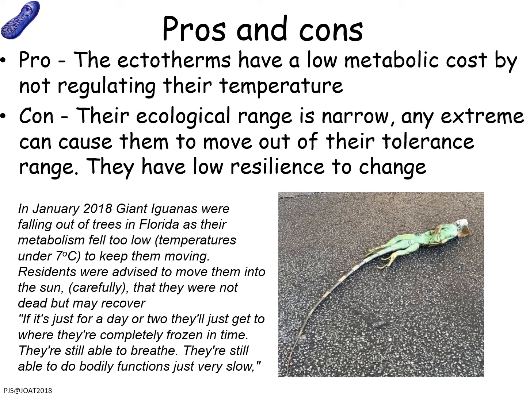There were big giant iguanas lying on the pavements, and people thought they were dead, but actually they weren't. They were told that if you move them carefully into the sun and allow them to absorb a little bit more heat, then they will come round. They're just at a very low metabolic rate.